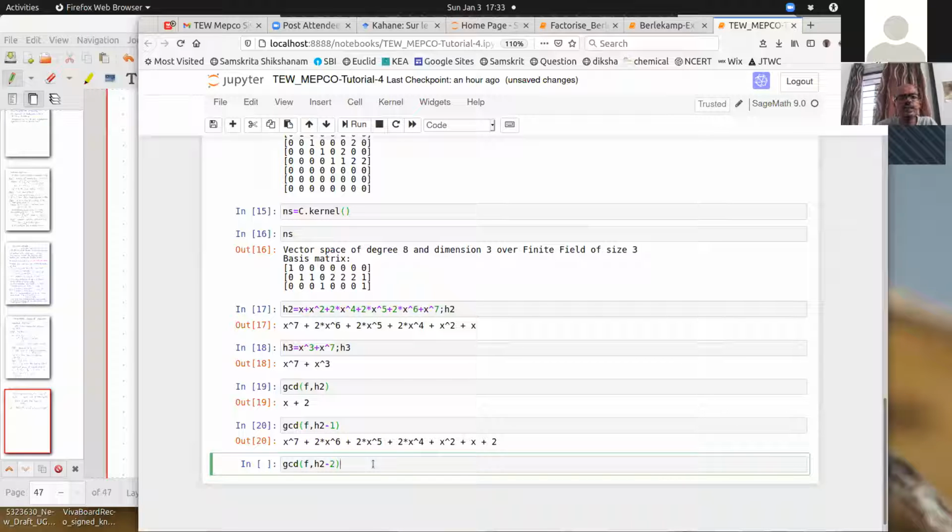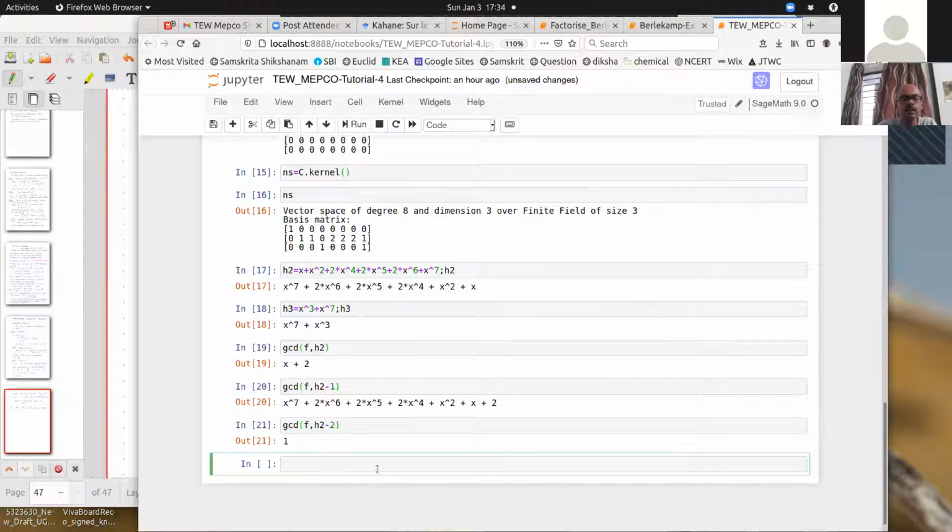These are GCDs of f with h2 minus c, where c runs over the finite field. So we have three choices, 0, 1 and 2. 0 is the first one we did, and then h2 minus 1 and h2 minus 2. But this GCD is 1.